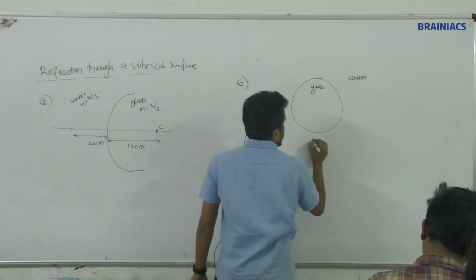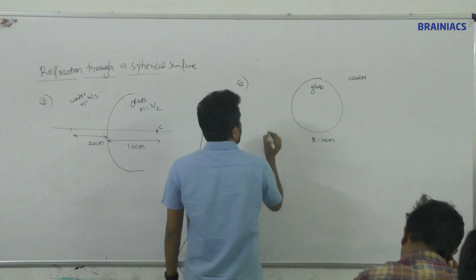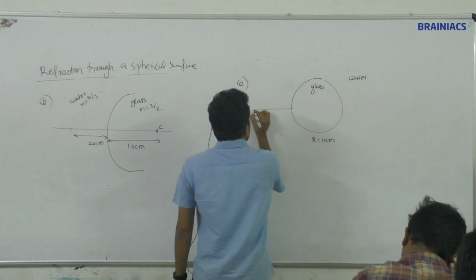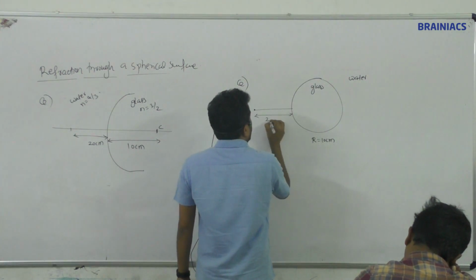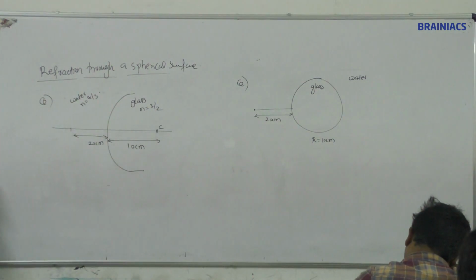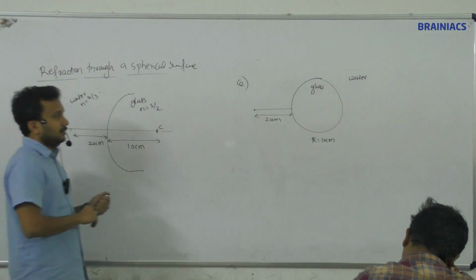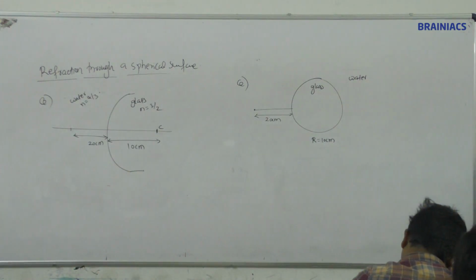Already you know, right? R equal to 10 centimeter. An object is placed at a distance of 20 centimeters. Now it's a circle, it's a glass bowl. The object will be here. Find the position of image.